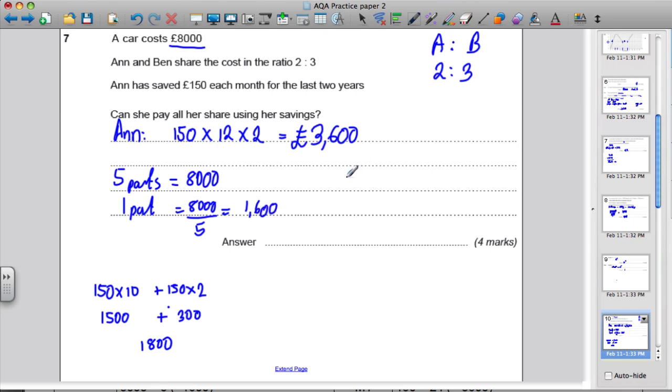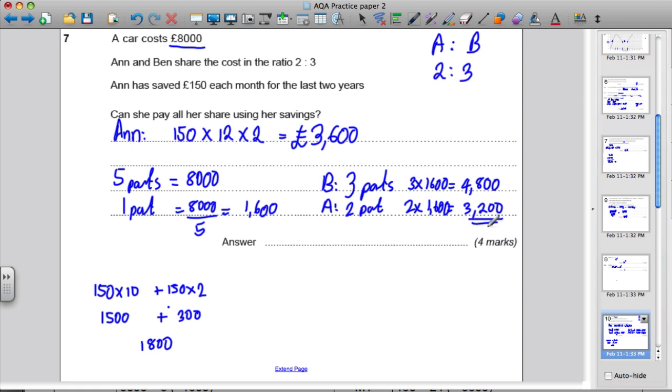So Ben has 3 parts, so 3 times 1,600 is equal to 4,800. Oh, sorry, I've worked out Ben's part there. Ben's is 3 parts, Anne's is 2 parts, so it's 2 times 1,600, which is equal to 3,200.